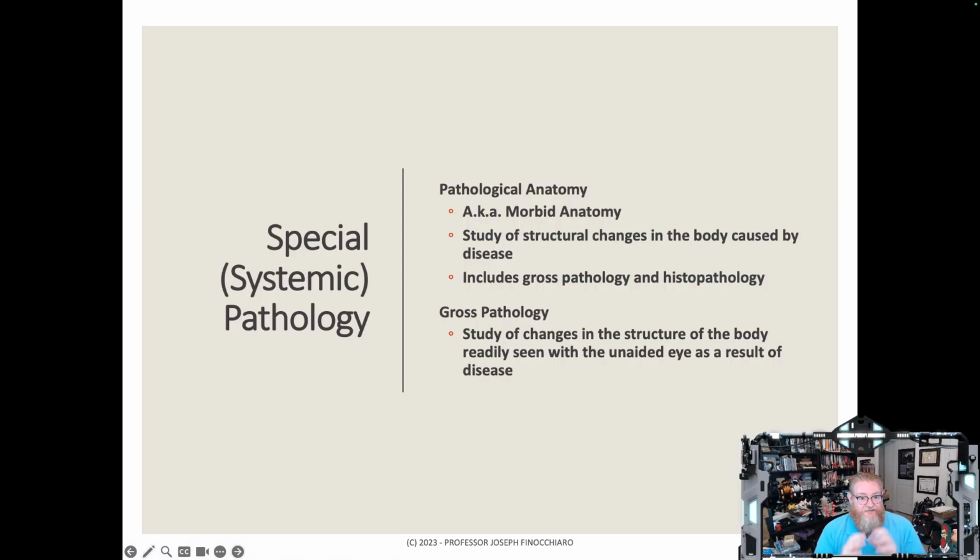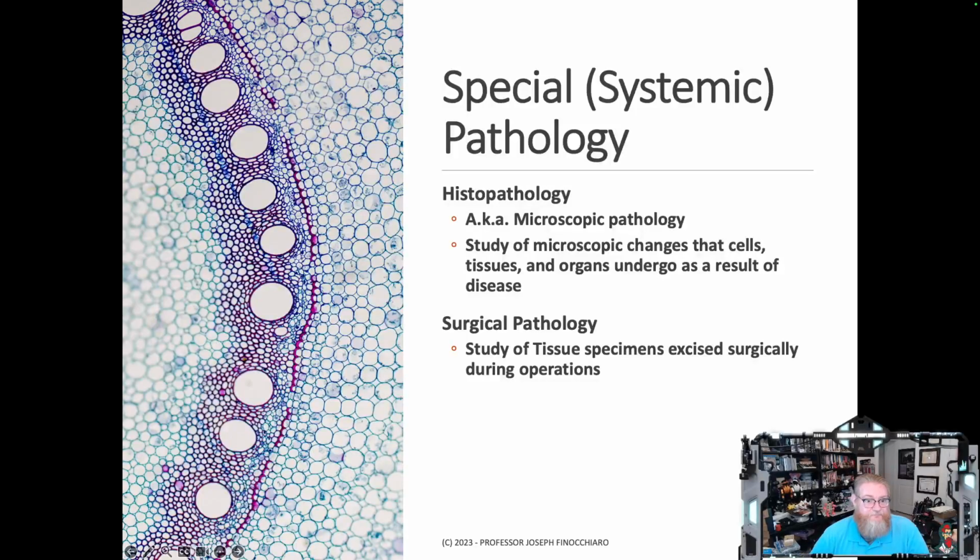So within the umbrella of systemic pathology, we have pathological anatomy or morbid anatomy, which is the study of structural changes in the body caused by disease. It includes gross pathology and histopathology. Gross pathology is the study of changes in the structure of the body readily seen with the unaided eye as a result of disease.